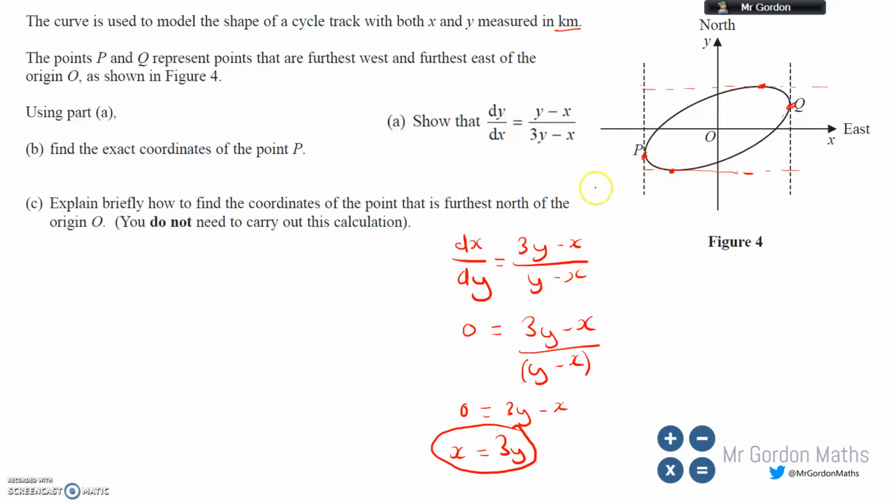So I'm going to use this result, and I'm going to go back to the original equation and substitute it in there to get some coordinates out of that to see if we can get a value.